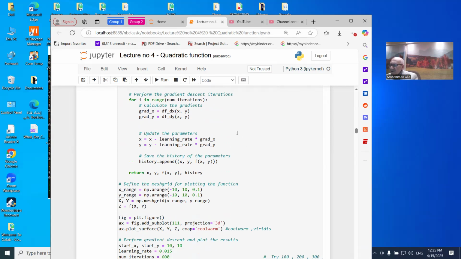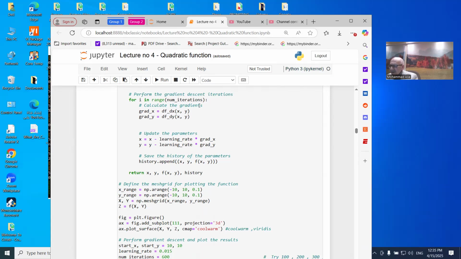Now, we shall control the iterative process by a number of iterations. So we give approximately a number of iterations which could be adequate, and at the end of these iterations, the program will stop. So for i in range, number of iterations.